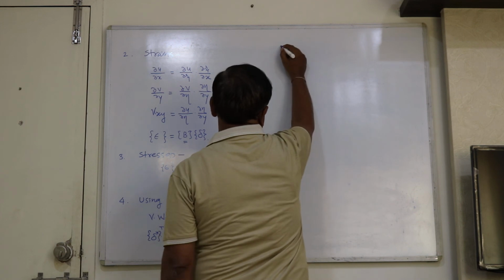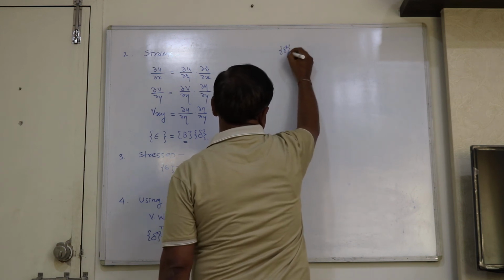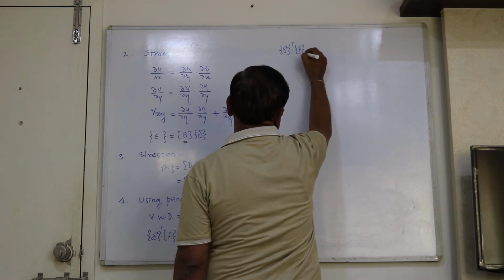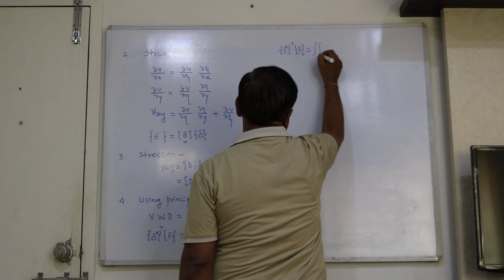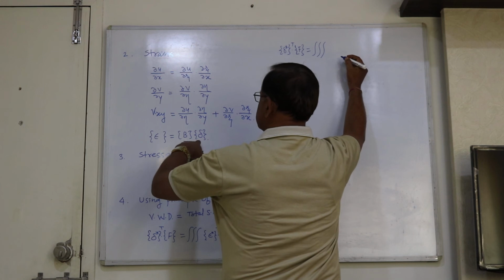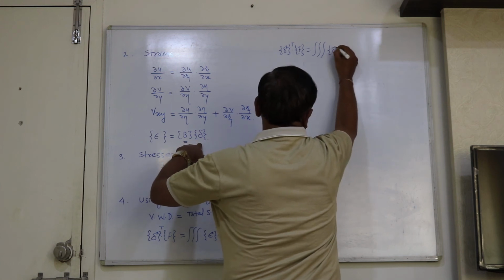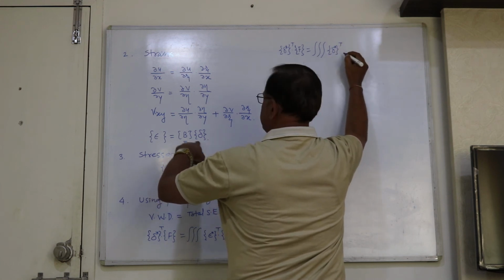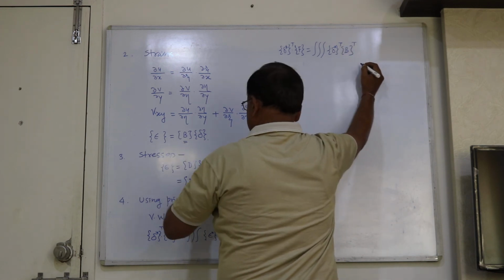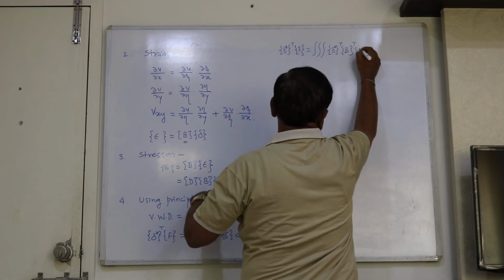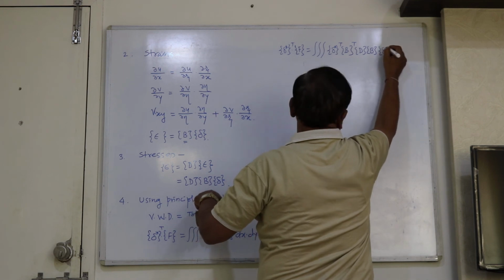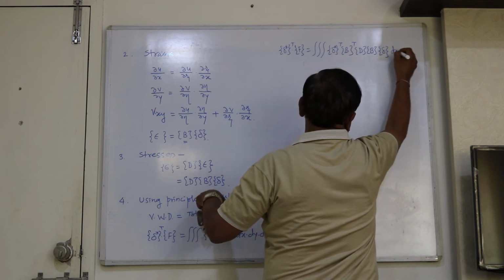So this is now equal to that displacement transpose into force equal to triple integration. Now strains, we will substitute for strains. This is delta virtual transpose, then matrix B transpose, then similarly stresses, this is D, B and delta into dx, dy and dz.